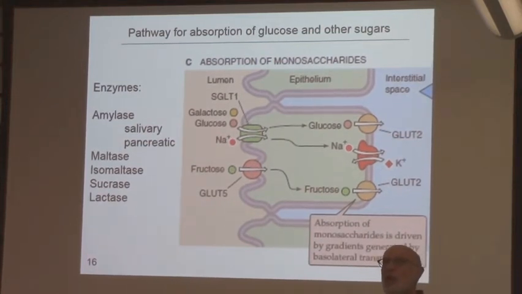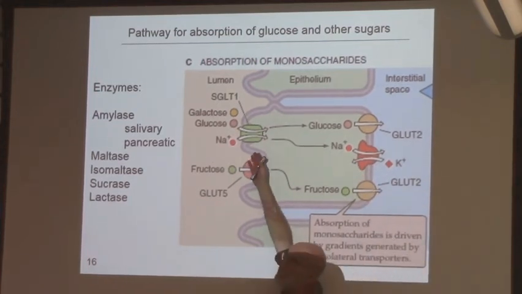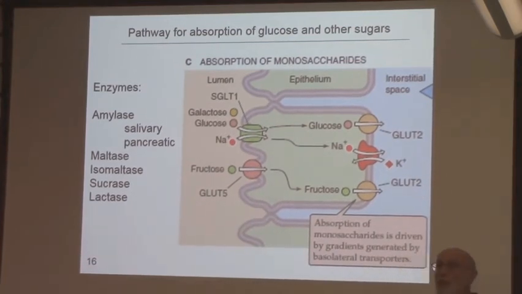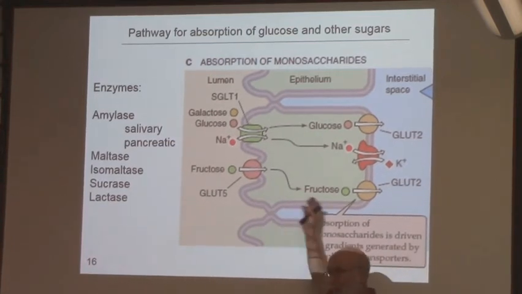So I could ask you, what is similar about the intestinal epithelial cell and a proximal tubule cell in the kidney? Well, they both have sodium potassium ATPases. They both have sodium glucose co-transporters. There's probably other similarities, but those are the two most obvious ones. They both have apical membranes and basolateral membranes.